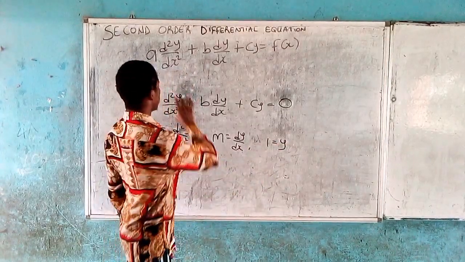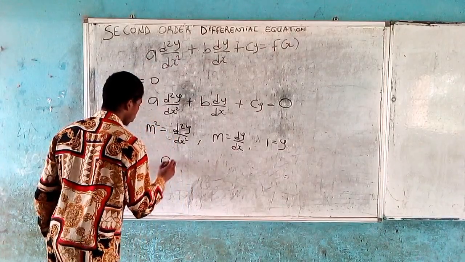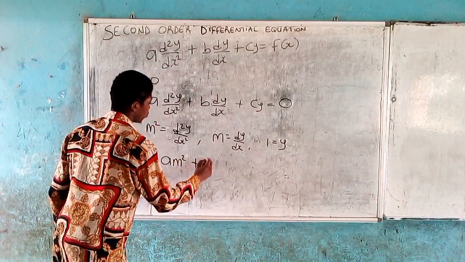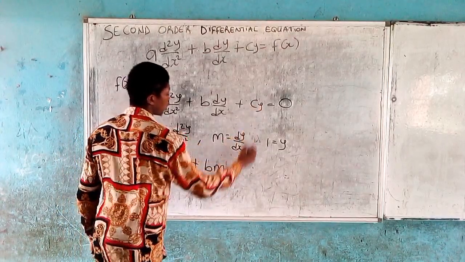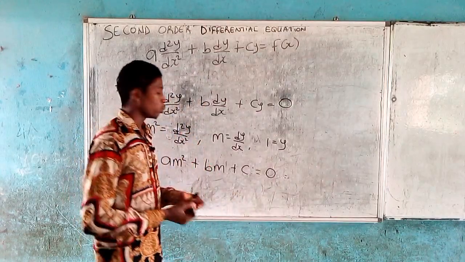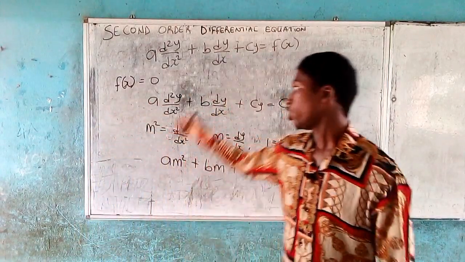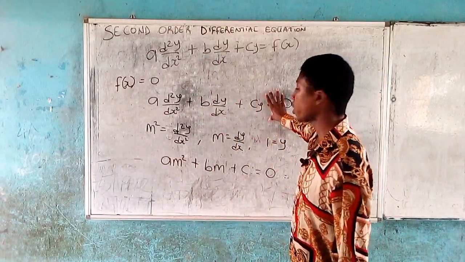So if I turn this into a quadratic equation, we have a m squared plus bm plus c times 1, which is just c, equals 0. We call this quadratic equation the auxiliary equation of this second order homogeneous equation.